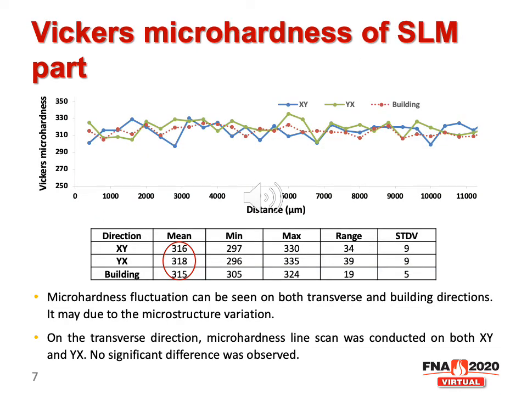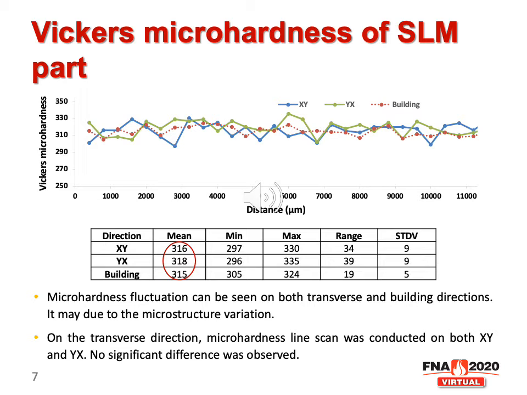To evaluate the uniformity of this selective laser melted part, the Vickers micro-hardness line scan was conducted in the building and transverse directions respectively. In the transverse direction, we also did XY and YX, two perpendicular directions.